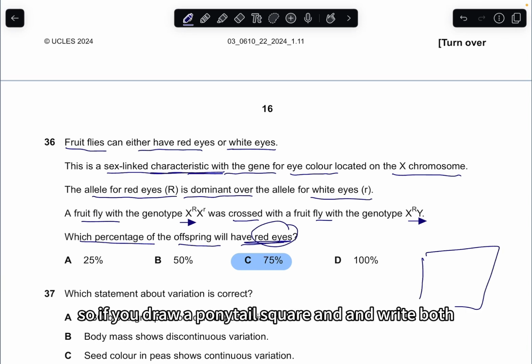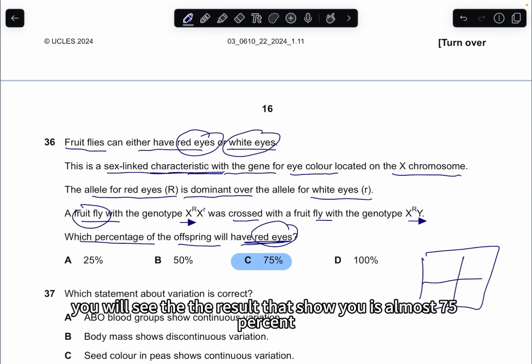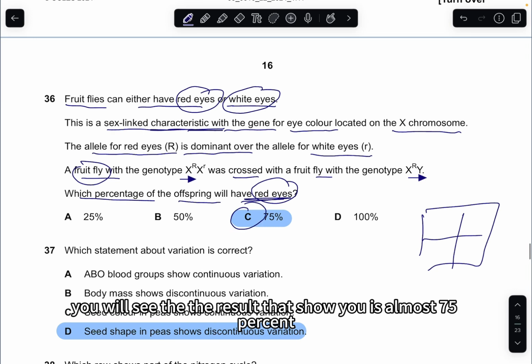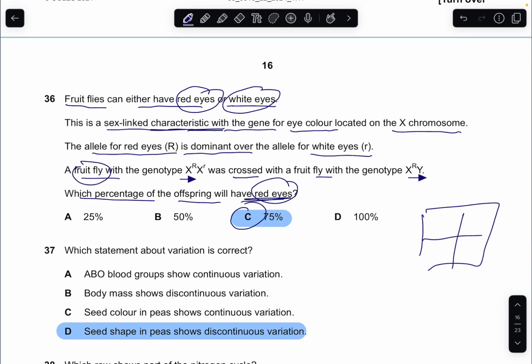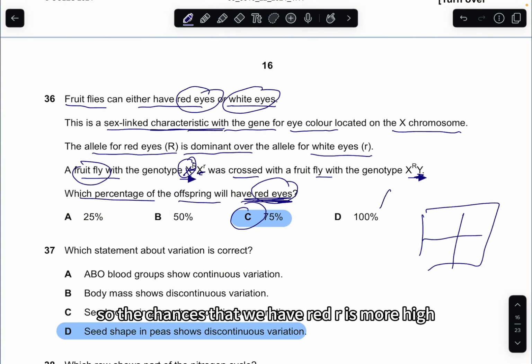So if you draw a Punnett square and write both of the fruit flies, with the red eye and the white eye, you will see the result is almost 75% with the red eye, because you can see here we have capital X and R, and capital X and R, and we have only one small r. So the chances that we have red are higher.